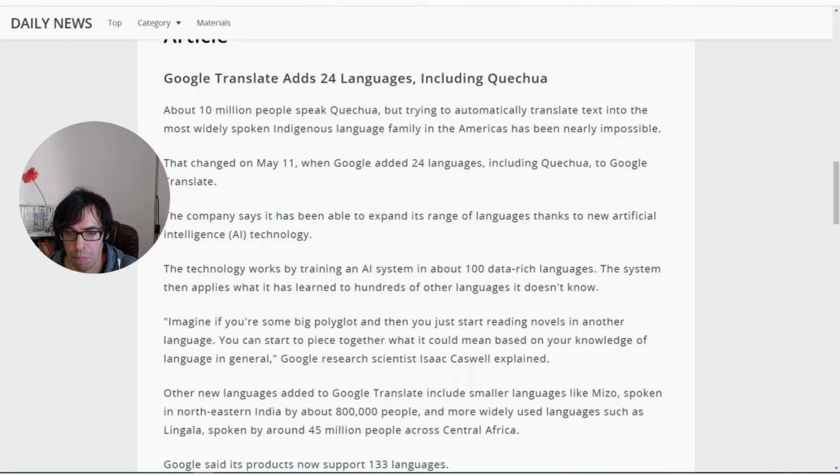Imagine you're some big polyglot and then you just start reading novels in another language. You can start to piece together what it could mean based on your knowledge of language in general, Google research scientist Isaac Caswell explained.